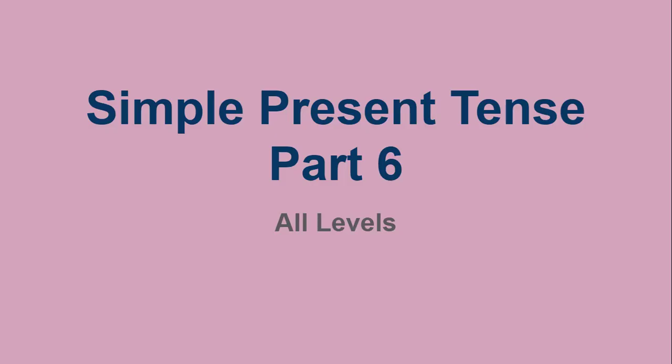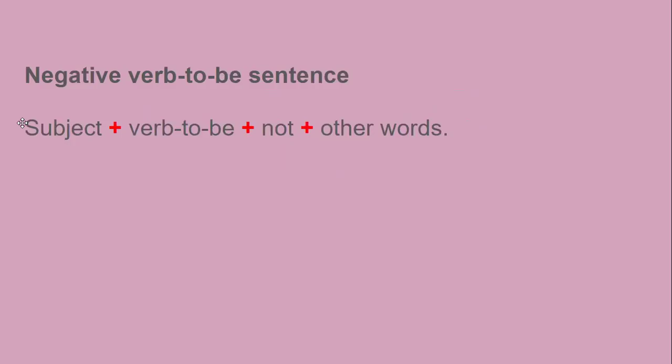So let's get straight into it and look at the structure of the simple present tense verb to be negative sentences. So, negative verb to be sentence. The structure is as follows.